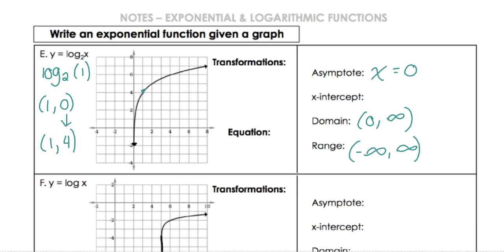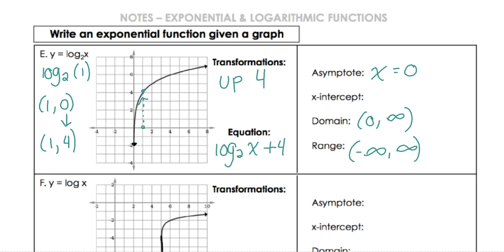So the y value should be down here at 0, but it has moved up to 4. That means I have a translation up 4 going on here. And because of that translation, I know that my function is not just log base 2 of x, but it has a plus 4 on the end to make that vertical translation happen.